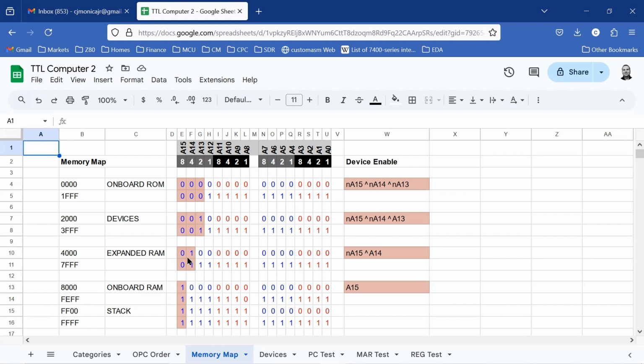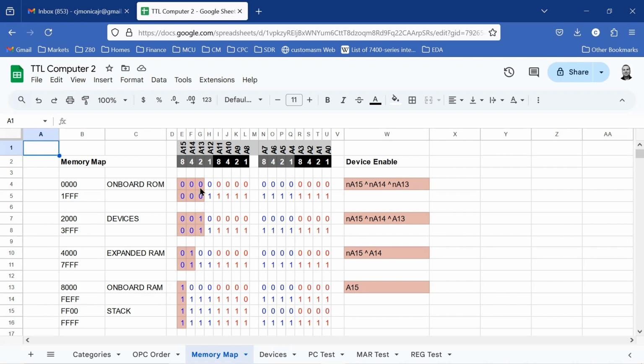For our expanded RAM, if A15 is 0 and A14 is 1, that means the expanded RAM chip is active. For our memory map devices, if bits A15 and A14 are 0 and bit A13 is 1, then our memory map devices would be active. And for our onboard ROM, if bits A15, A14 and A13 are all 0, then our onboard ROM is active, right? And I've called out these patterns here that we just walked through.